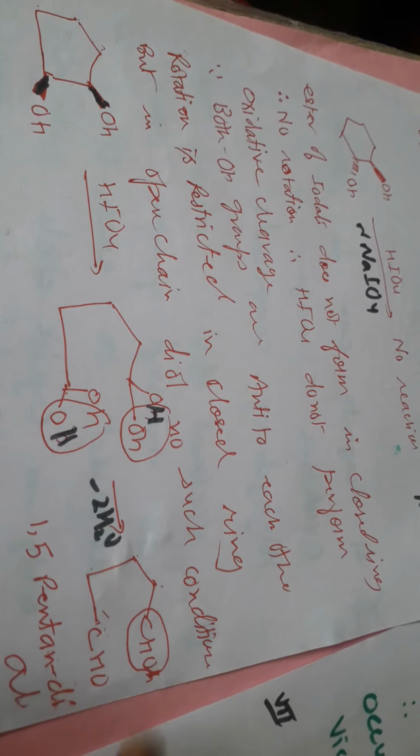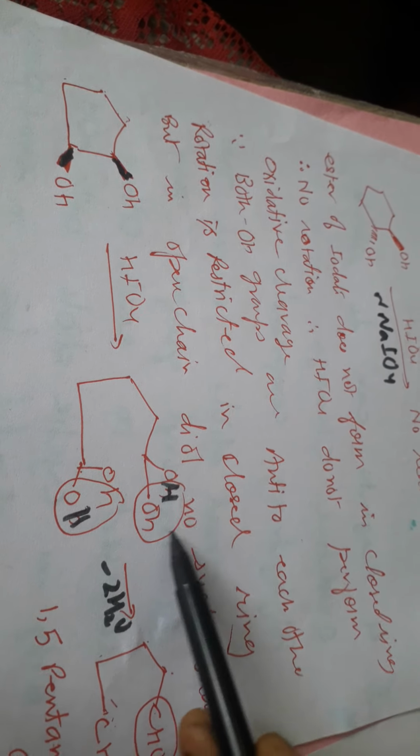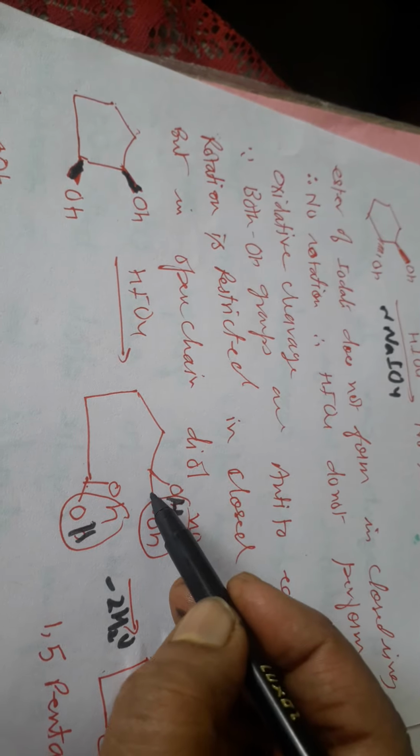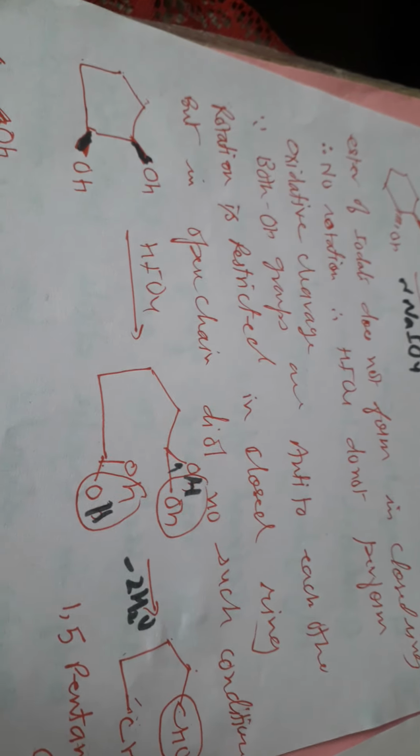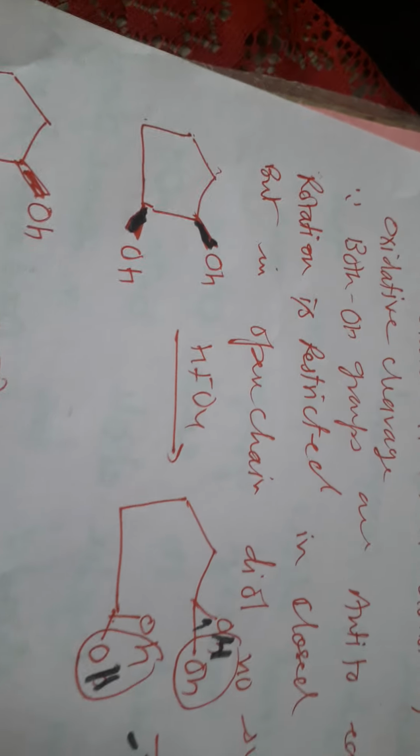You will get CHO, because the two OH groups cannot stay on the same carbon, so water will be lost and this bond will come over here. This CHO group is an aldehyde and this is an aldehyde. Both of them are CHO groups, so we get a 1,5 pentane dial.